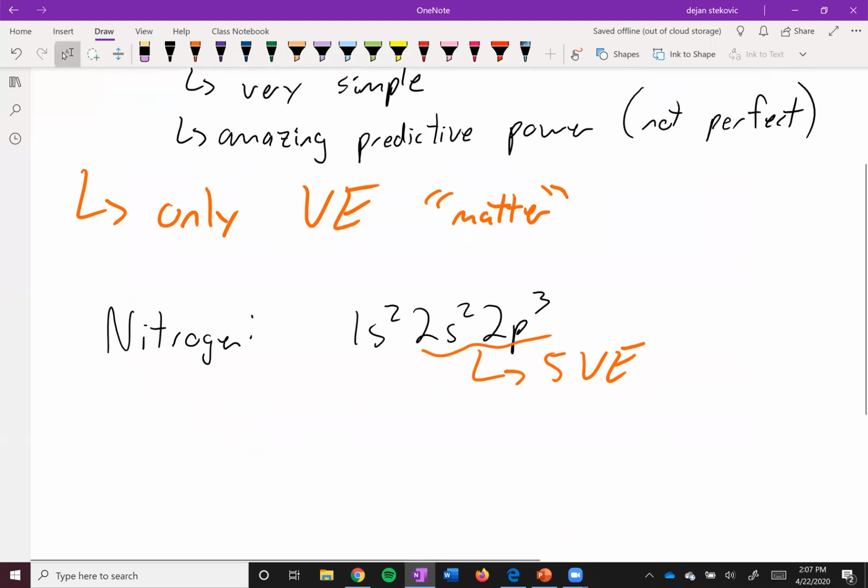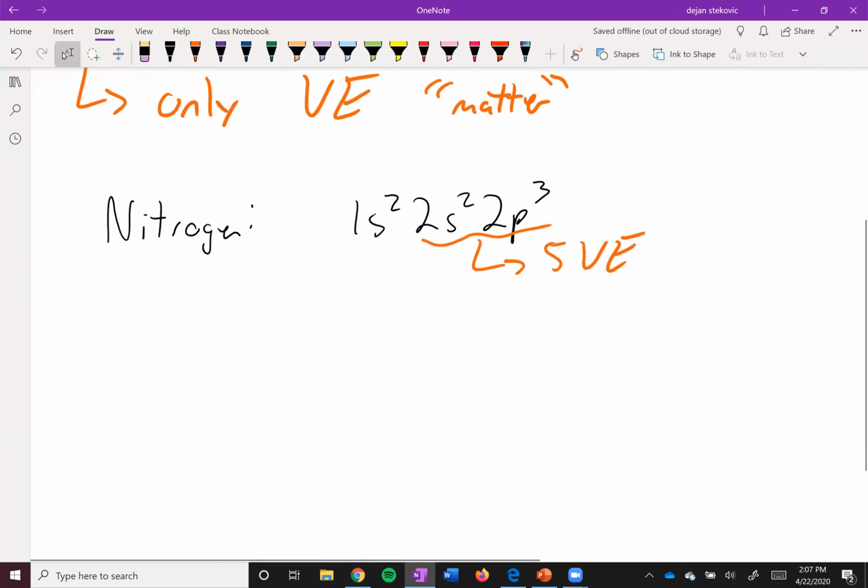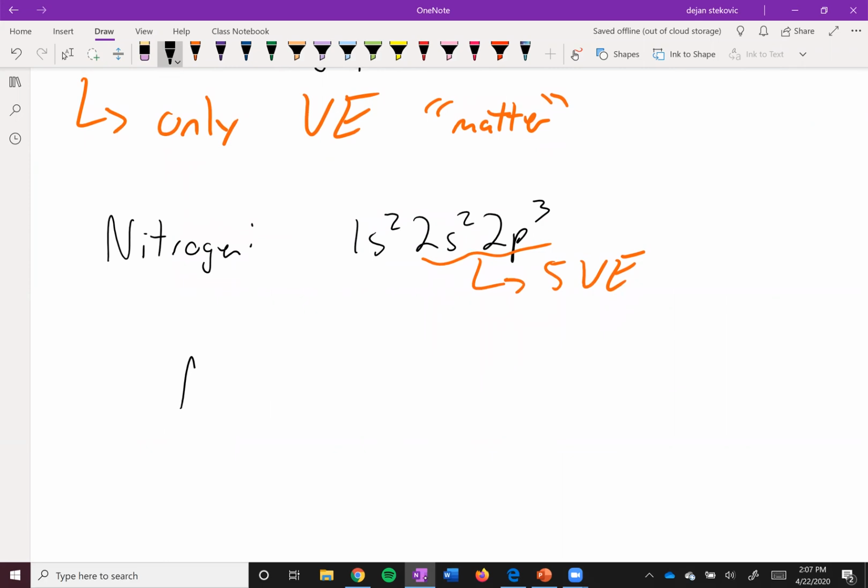So let's go ahead and draw the Lewis dot structure for nitrogen. So what you do is you put the little symbol, an N for nitrogen, and then you draw little dots. The little dots represent the valence electrons. So there's 5 valence electrons, and so we add 5 dots. There's kind of 4 sides to this thing, right? There's always 4 sides, so we just put 1 dot here, and then we put them by themselves before we pair them up.